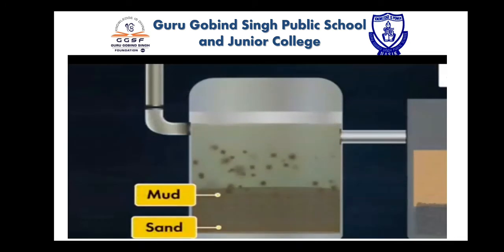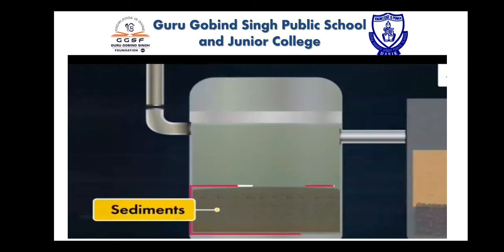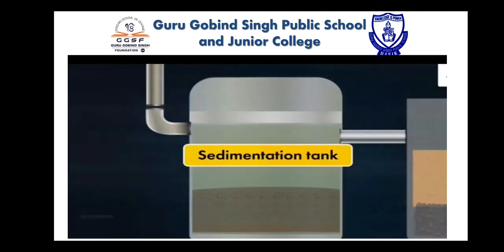Then mud and sand settle down due to gravity. Alum is also used to settle down the suspended particles downside. Whatever solid particles settle downside are called sediments. That's why we call these tanks sedimentation tanks also.